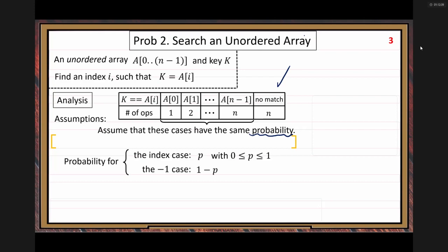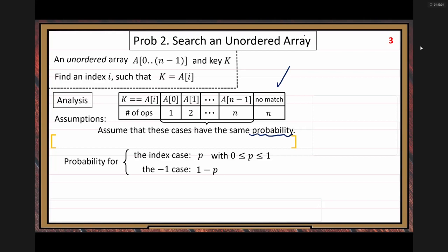Then the -1 case, the no match case, the missing case, is 1 minus p, because the total probability of all the cases should be 1. These two cases complement each other.